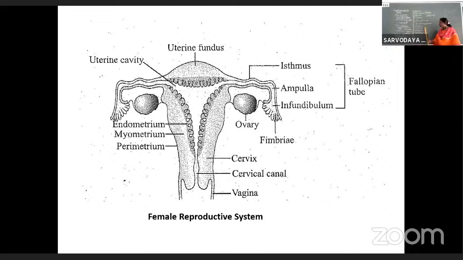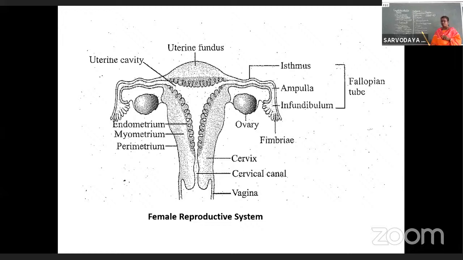Now let us look at the first word, peri. What does peri mean? Outside. So the uterus is covered by an outer layer. What is the name of the outer layer? Perimetrium. The middle, myometrium. Myo means muscle. So the uterus has a thick layer of muscle tissue, and that layer is referred to as myometrium.